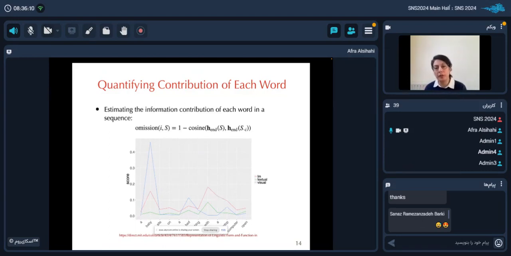You can categorize these words based on, for example, their syntactic categories or other features of these words, and then you can make conclusions. For example, a model like this might pay attention more to, say, nouns and adjectives as opposed to verbs when they analyze a sentence and when they look for the corresponding image, which is not very surprising, but this is some additional information that we get from this kind of analysis.